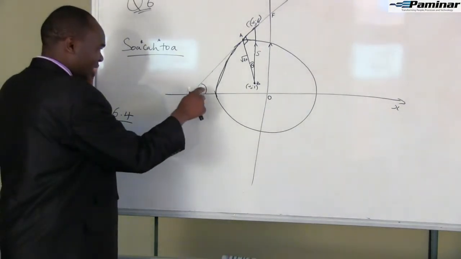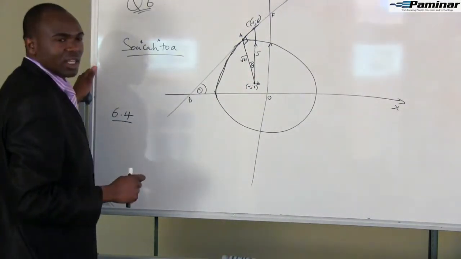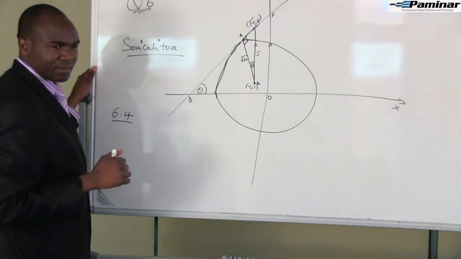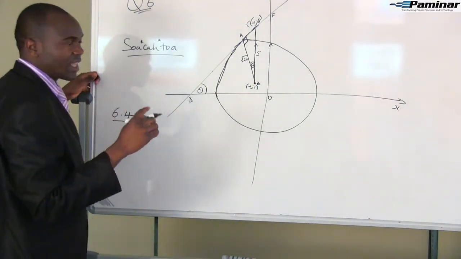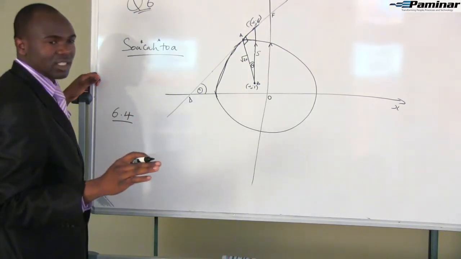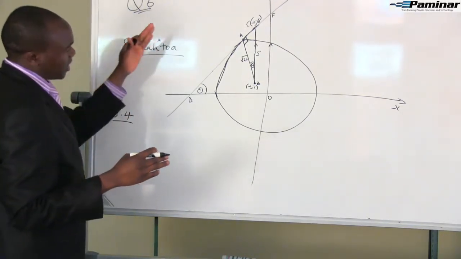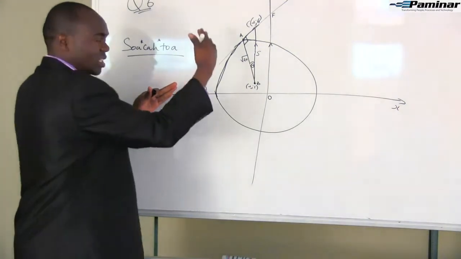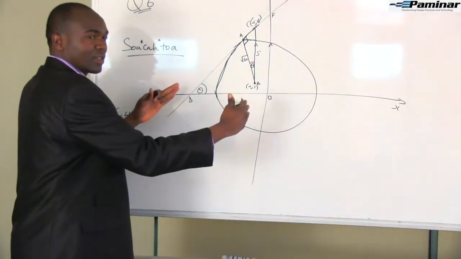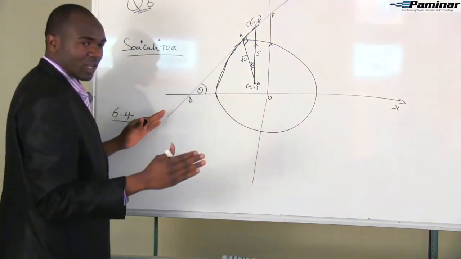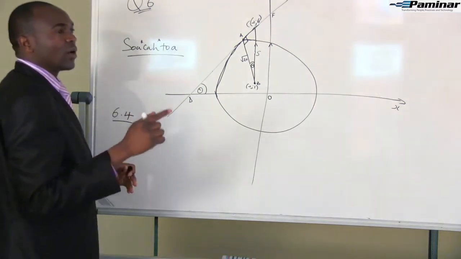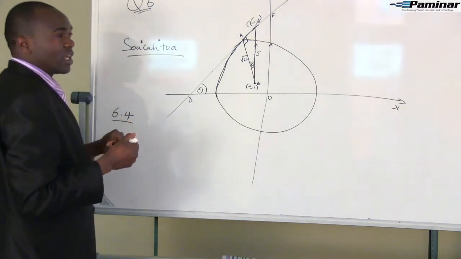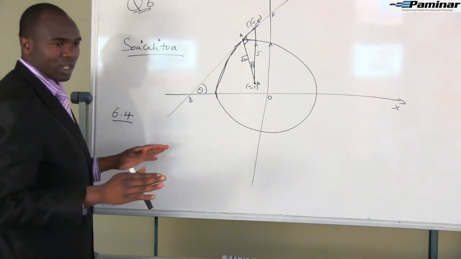So tan theta is also the same as that one. Remember what tan theta is? Those are the key things you don't need to forget: the relationship of a tangent to the radius of a circle, SOHCAHTOA, and also Pythagoras theorem.